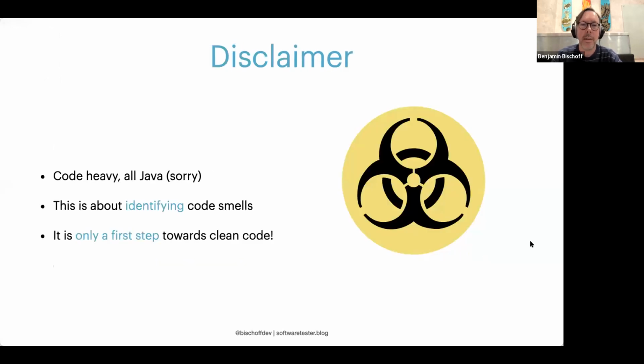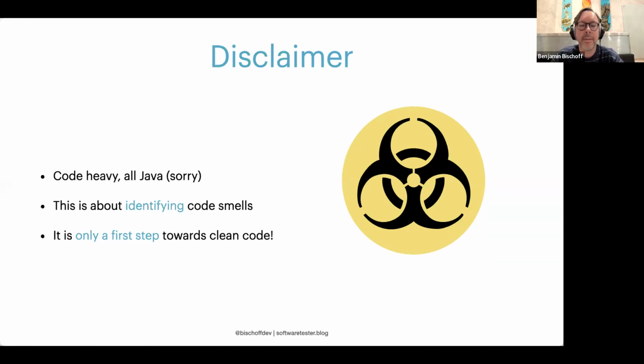A little disclaimer, this webinar is going to be rather code heavy, and it's going to be all Java. I'm sorry if you don't code in Java, but this is the language I use daily. So if there are questions coming up about the code examples, I'm more qualified to answer them than if we would do that in another language.